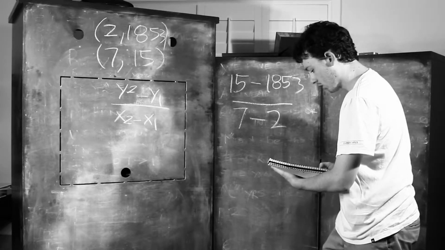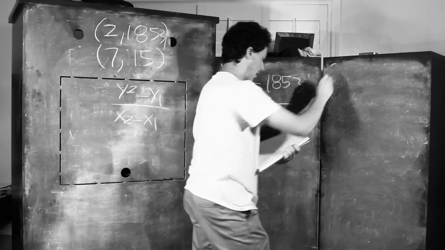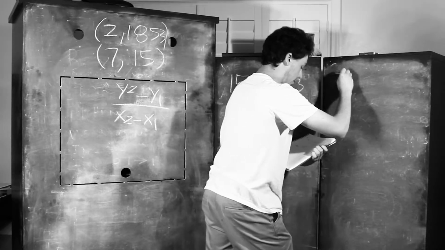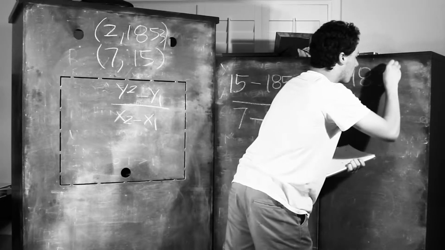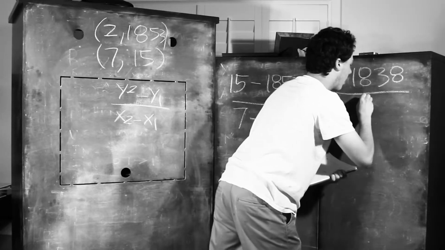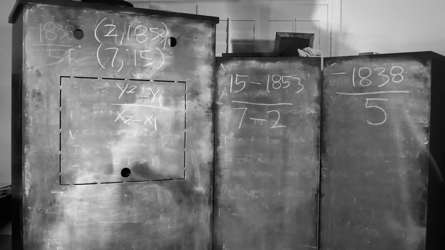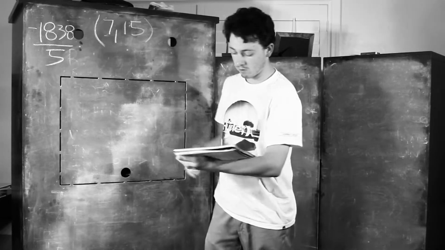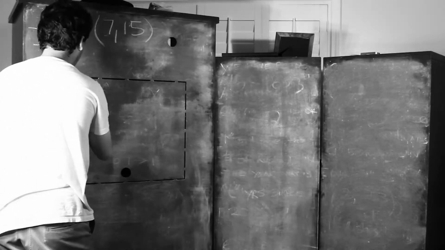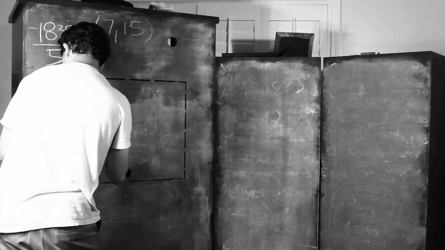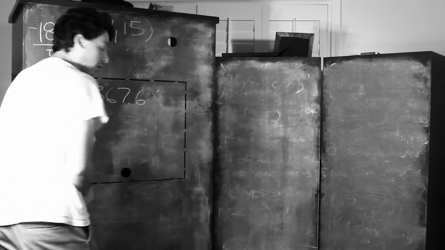Negative 1838 over 5. Okay, so this is the slope we found. When you actually divide this to get your slope, it turns out to become negative 367.6.